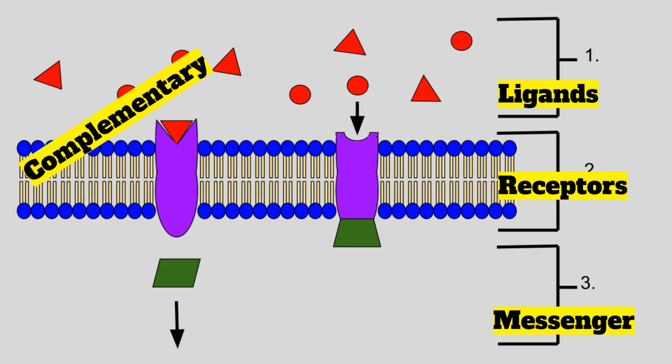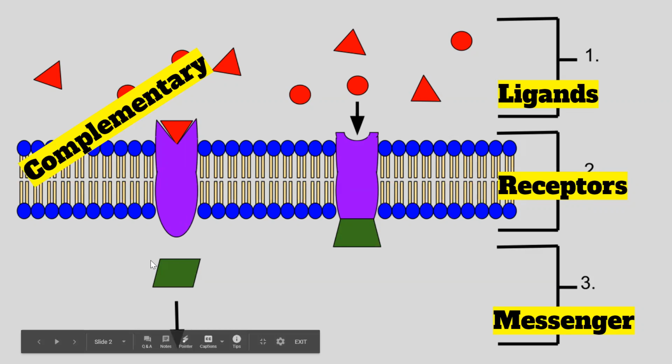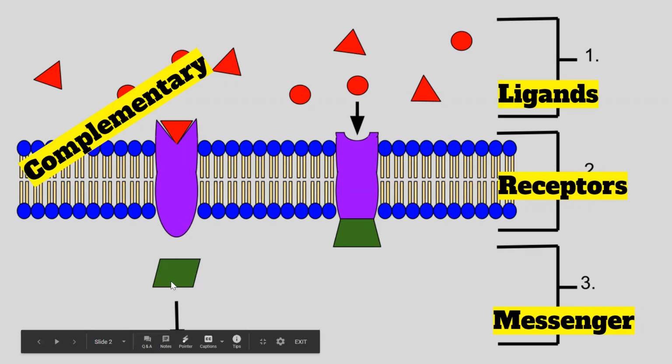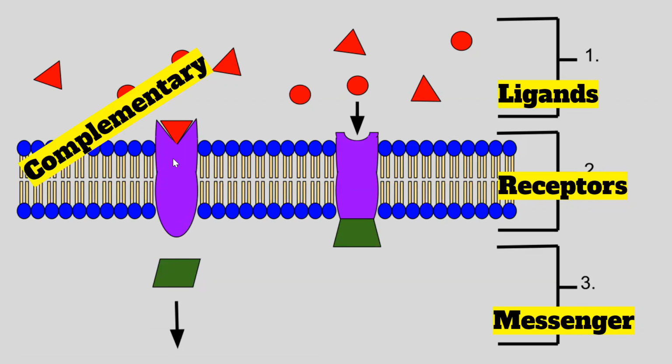Then finally, because a message is passed to the other side of the receptor, that will lead to a chain of reactions. Sometimes the chain of reactions involves activation of a messenger inside your cell. That messenger is most of the time cyclic AMP or cAMP, and it's called the second messenger. So if this is the second messenger, who is the first messenger? Your first messenger is no one but the ligand, or the chemical signal which is coming to the receptor. That is bringing the first message.